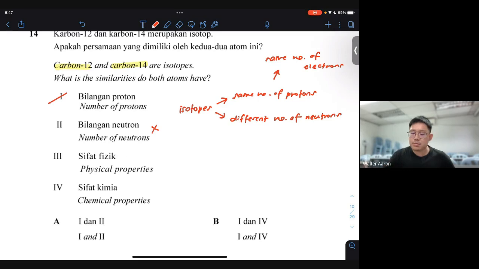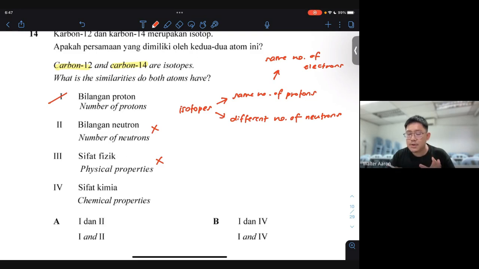Do they have the same physical properties? No. Why do they not have the same physical properties? It's because the physical properties of the substance depend on things like their mass, their melting point and boiling point, all those things, but they're affected by the type of chemical bonds they can carry out, as well as the movement speed and things like that. So those are called physical properties.